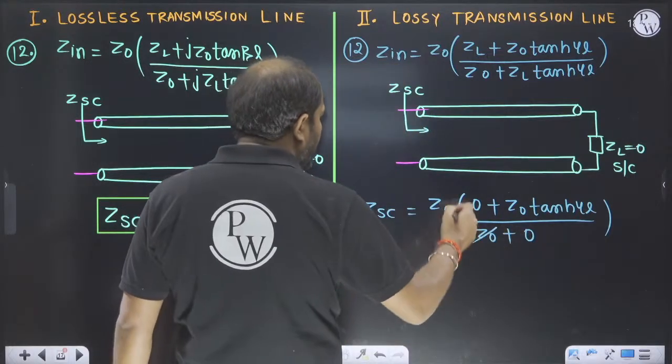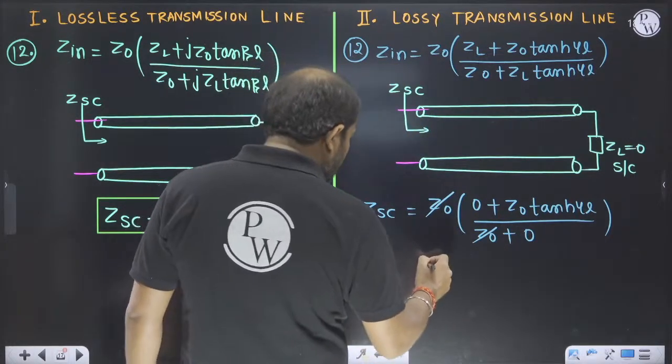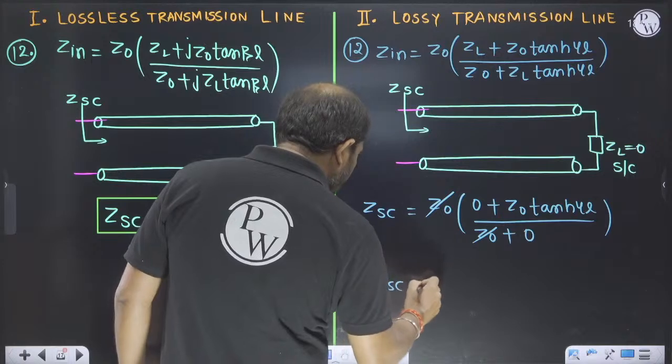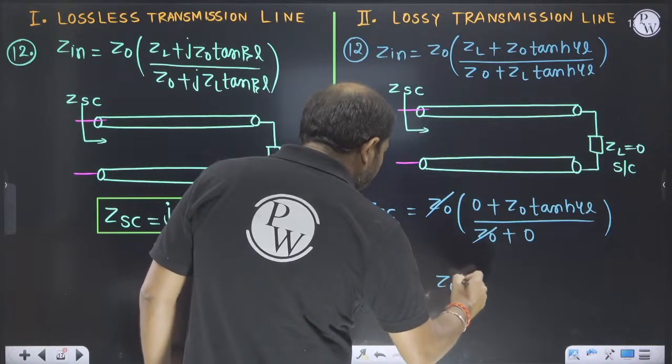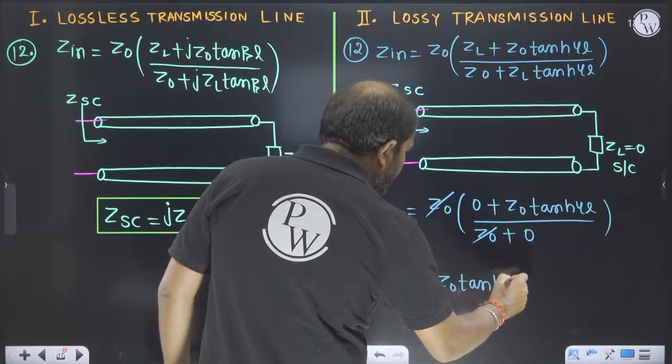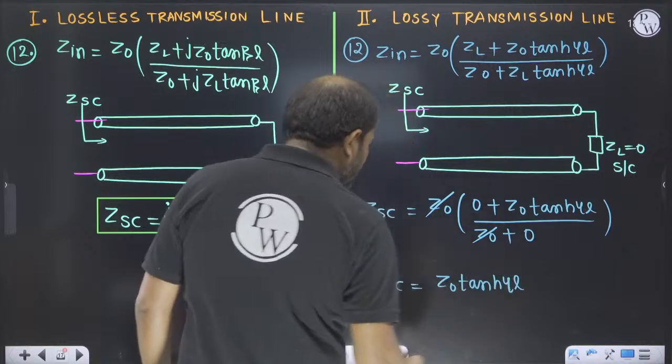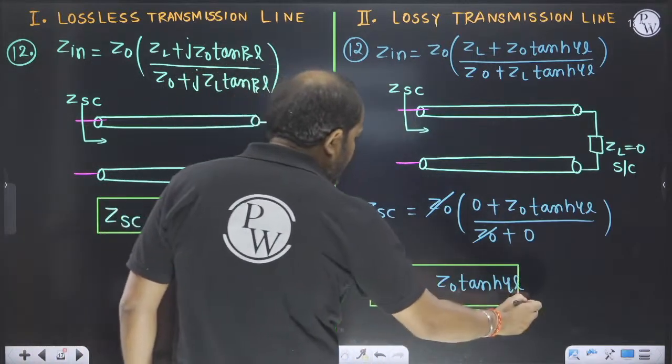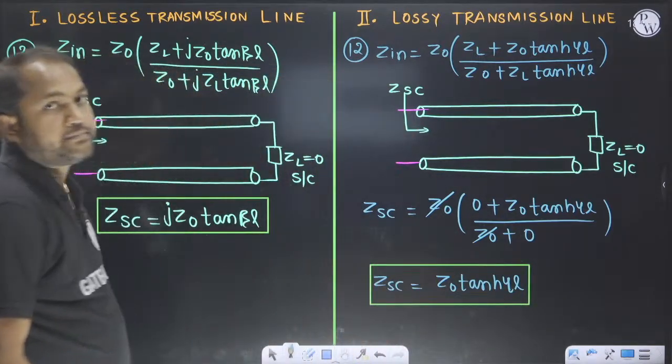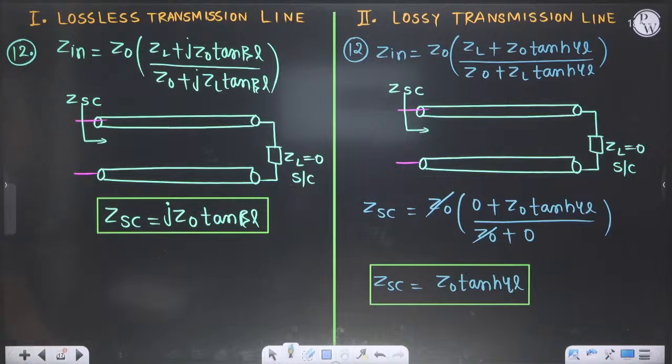This Z0 and this Z0 will cancel out. So the ZSC formula will be Z0 tanh gamma L. So this is the formula for ZSC.